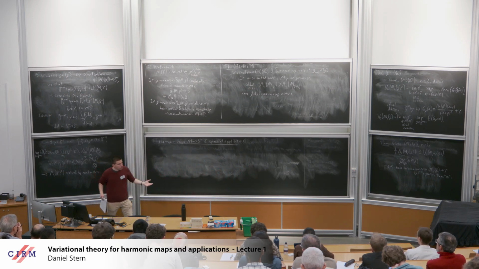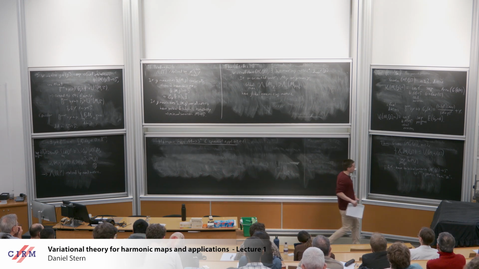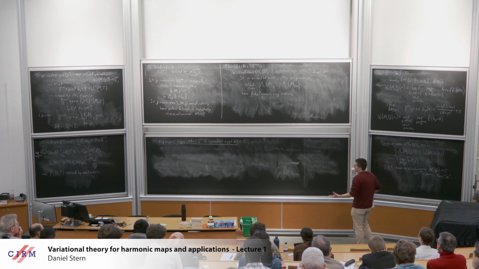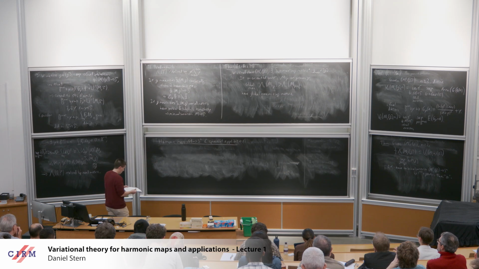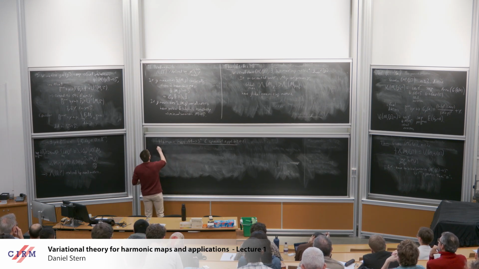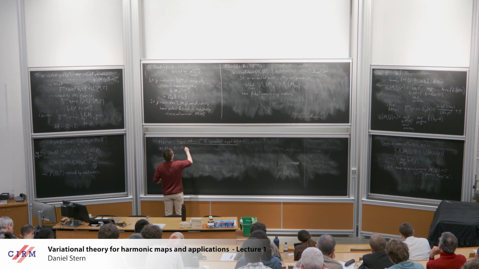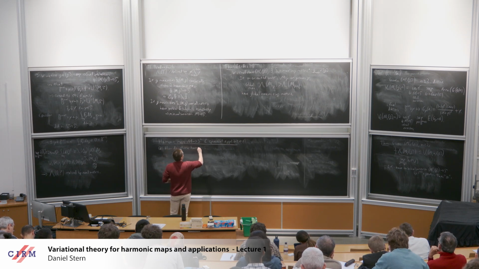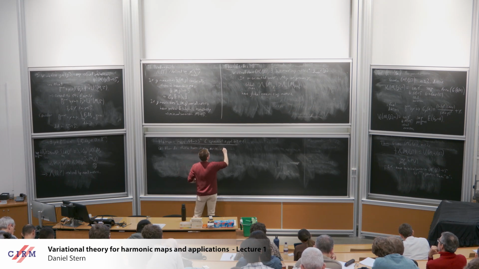An important moral over the last decade, coming from, for instance, Marques and Neves' proof of the Willmore conjecture, is that if we have interesting critical points of some geometric functional, then often we can extract more information by understanding their variational characterization. So that's an initial goal here: how do these harmonic maps arise variationally?